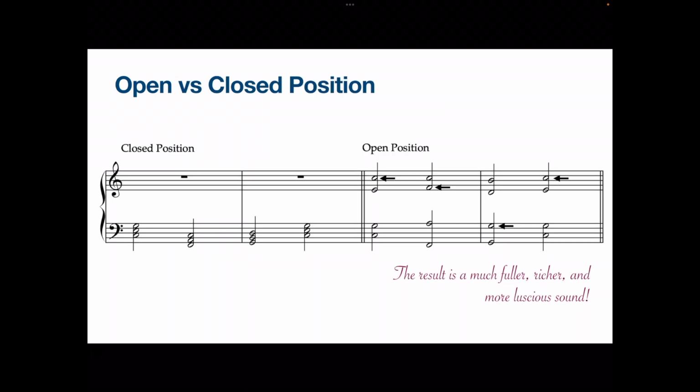Now, just so that you can both see and hear the difference between open versus closed, let's first look at this closed position. Here I have a very simple chord progression. I have C major chord, F major, G major, back to C major.